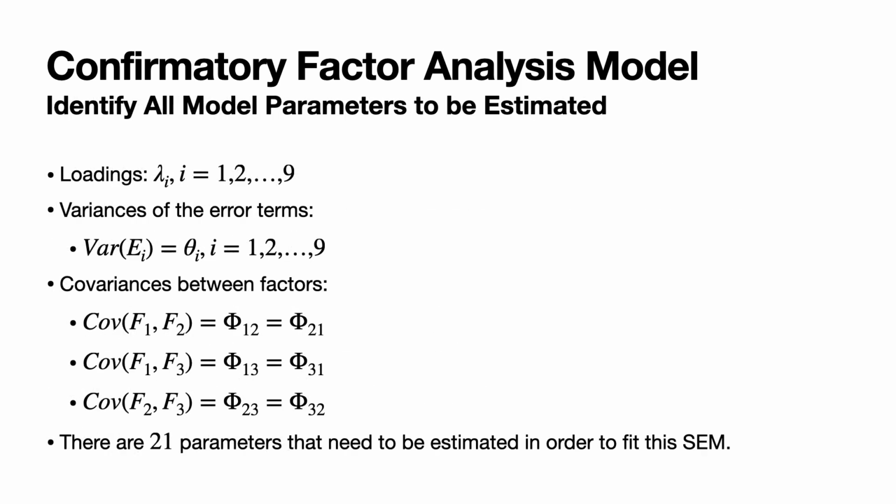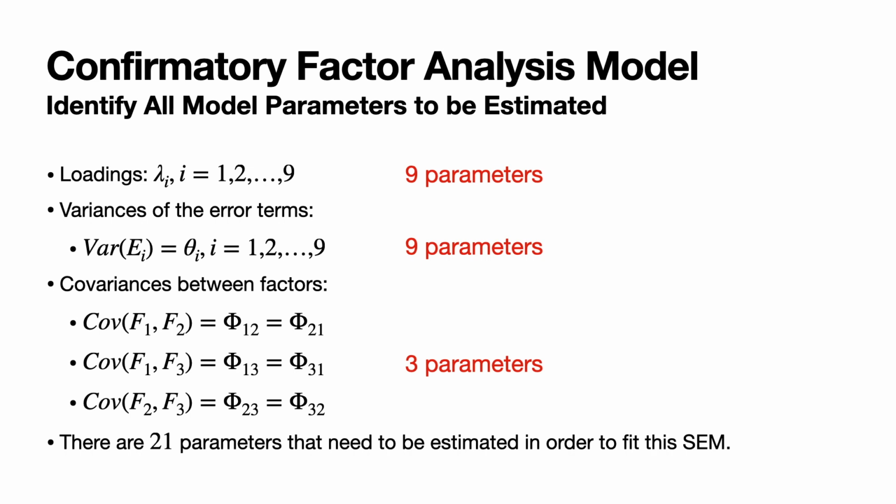So using the approach that we used in a previous example where we looked at a confirmatory factor analysis model, we see that we have a number of parameters that need to be estimated. We have the 9 loadings, lambda i going from 1 to 9. We have 9 variances of error terms, theta 1 through theta 9.